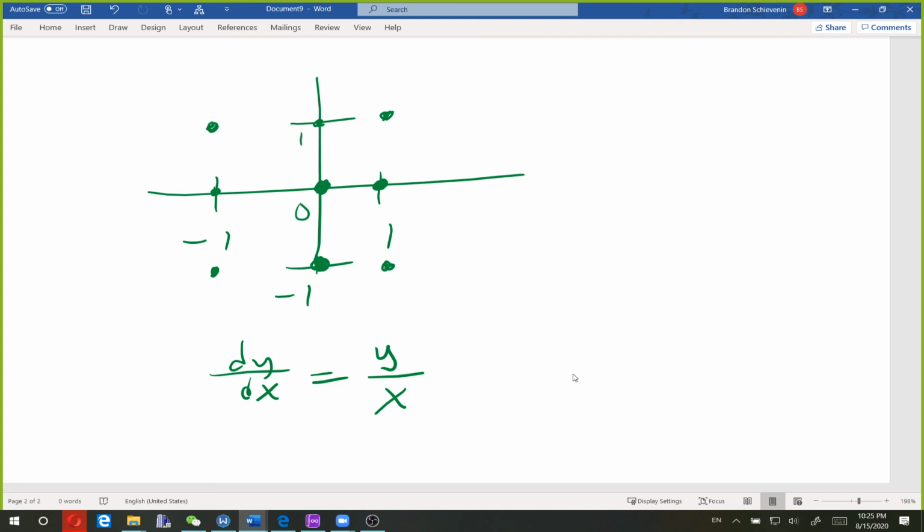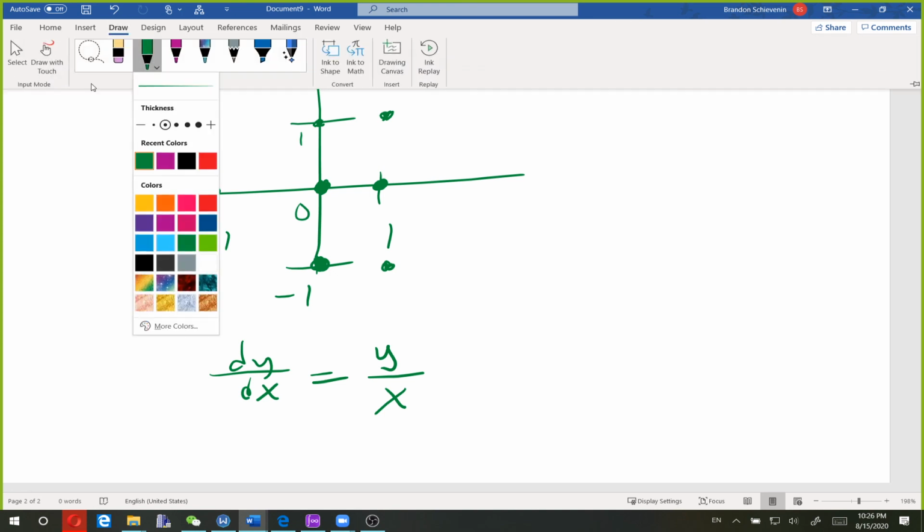And I'm going to ask you to sketch the solutions to the differential equation. So what I'll need you to do is plug in values for y and x for all 9 of these points, figure out what the slope would be, and then draw that slope through the points. So for example, whenever y is 0, my slope is 0 unless x is 0, and then this is undefined.